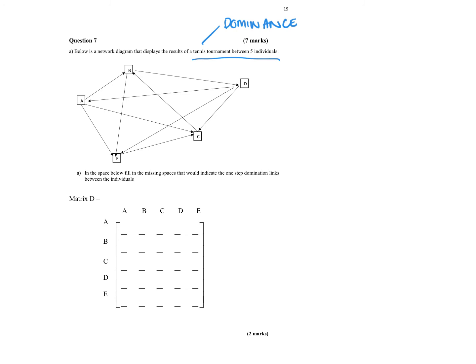So let's have a look. If we go across, A didn't play himself, but did beat B, and did beat E, and also beat C, but not D. B beat E and D, and that was it.